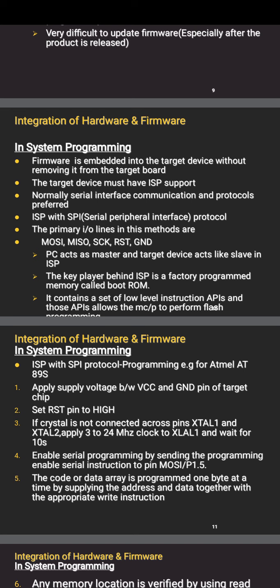SCK means system clock. RST means reset, and GND means ground. So these are the 5 signals recorded in SPI, serial peripheral interface protocol. SPI protocol works with the help of these 5 signals.